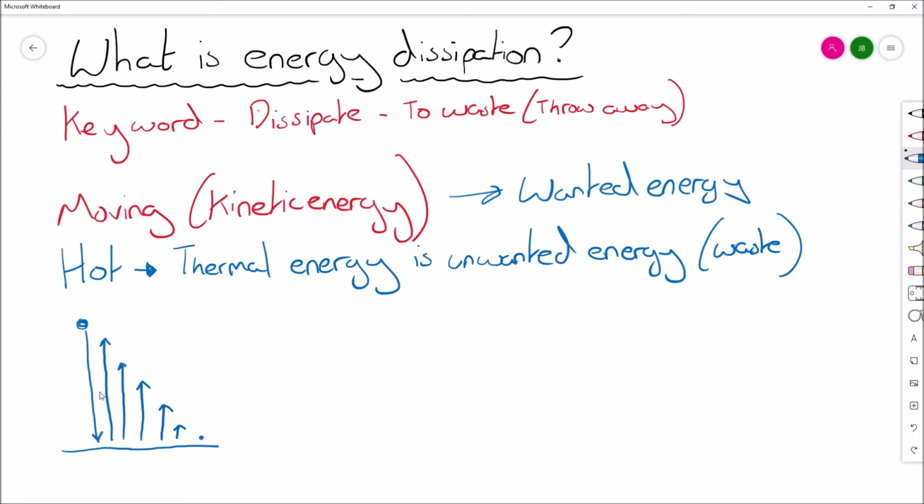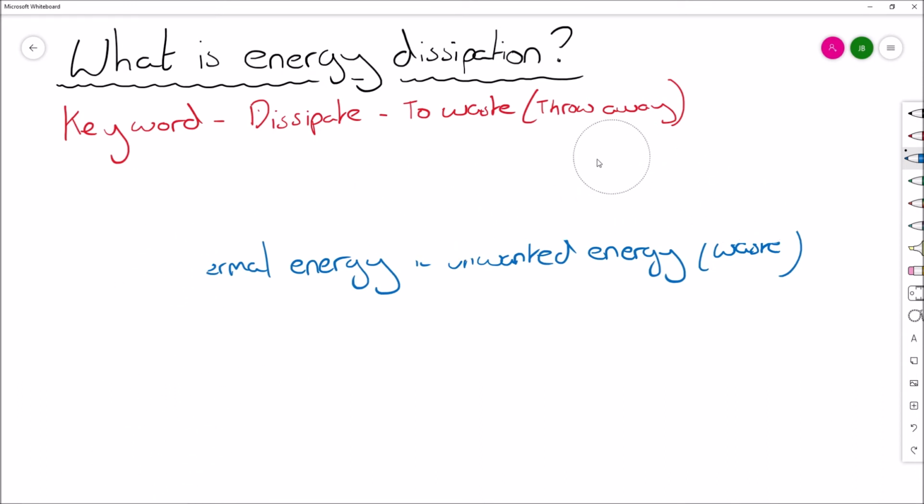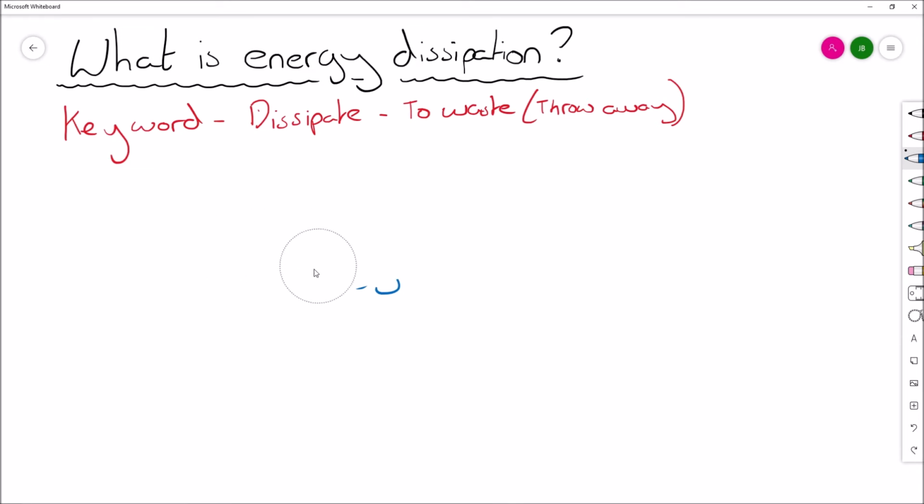Now, let's talk about efficiency, or let's talk about a light bulb. Another good example is a light bulb. So we have a light bulb. With a light bulb, we've got a little bit inside, which is the filament.